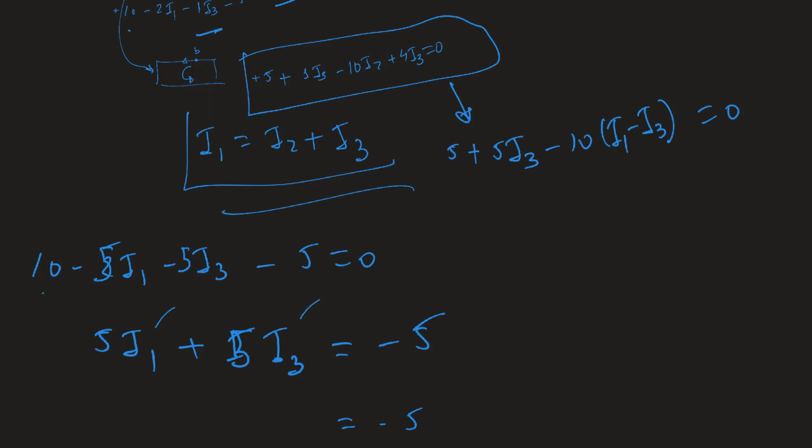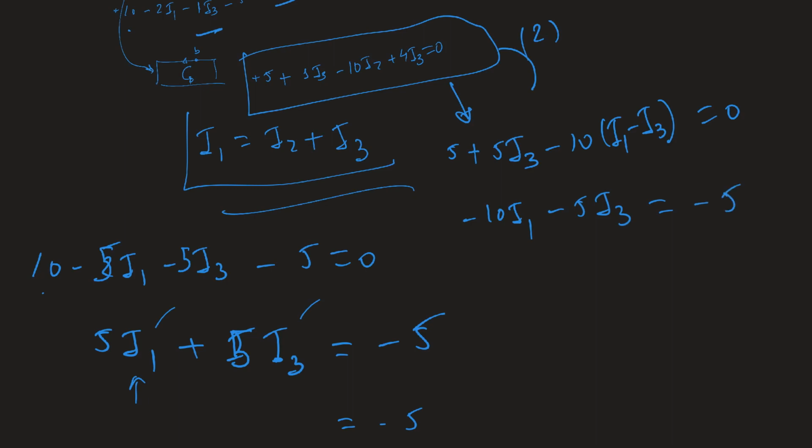So let's write it correctly, first the I1, second the I3: minus 10 I1, minus 10 I3 times minus 1 gives plus 10 I3, plus 5I3.